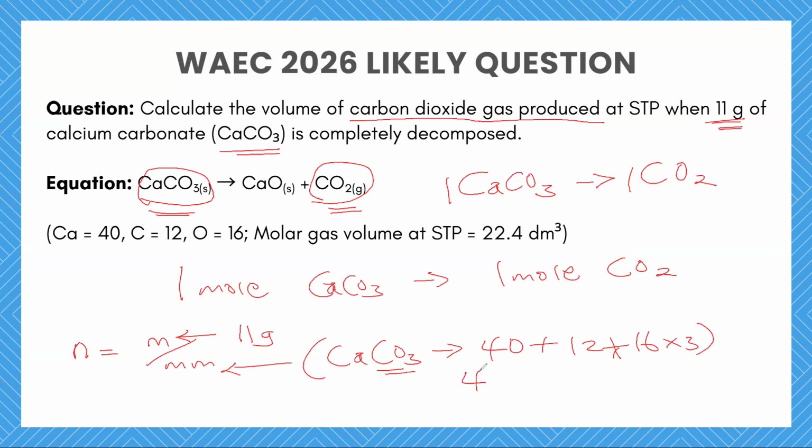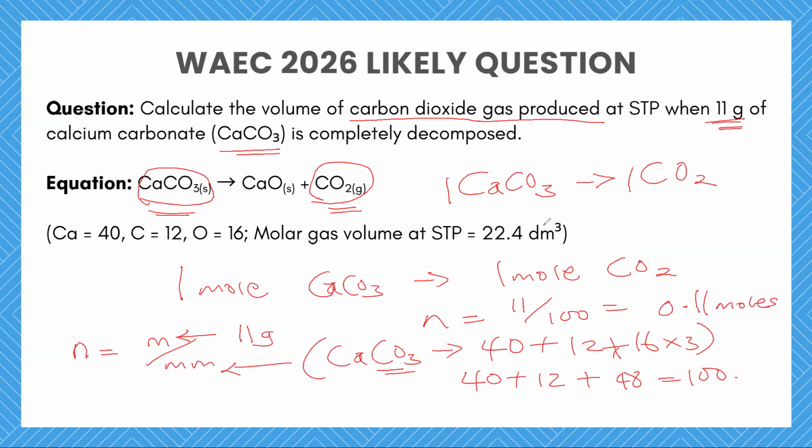So that gives us 40 plus 12 plus 48. So altogether we have 100. That's the molar mass of calcium carbonate. So the number of moles becomes 11 divided by 100. This is equal to 0.11 moles.